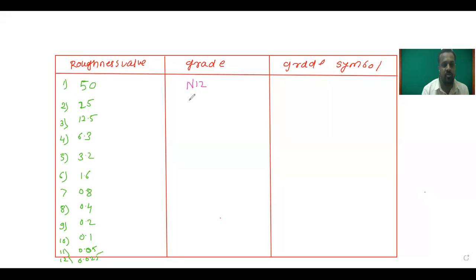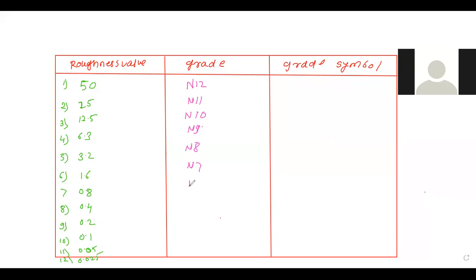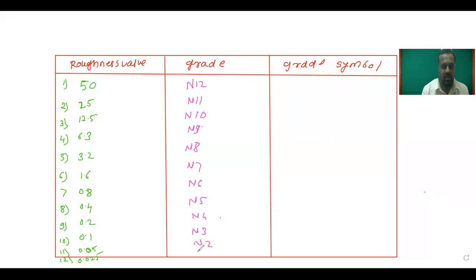Then for 25, N11, then N10, then N9, N8, then N7, then N6, N5, N4, N3, N2, N1. Okay, now these are the grades.